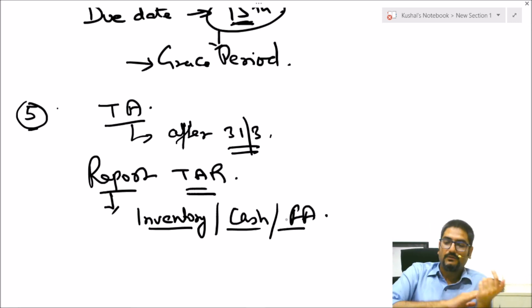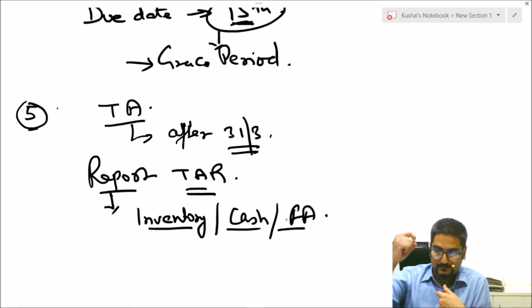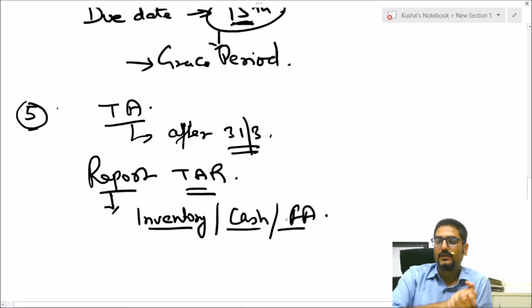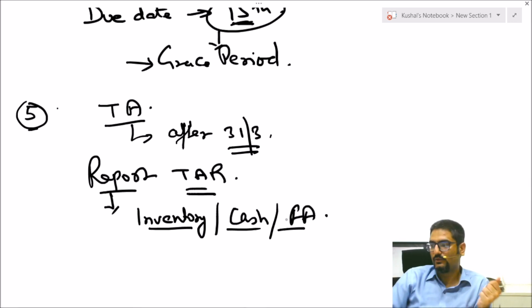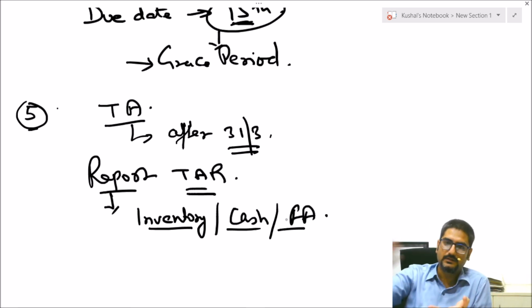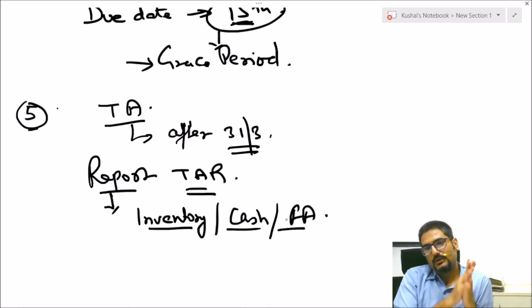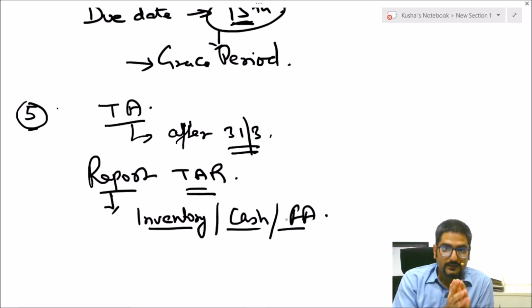So you have not physically verified inventory, cash, and fixed assets. Please clearly mention this fact in your tax audit report. Now, it depends on your professional experience, knowledge and judgment how you report the genuineness, trueness, and fairness of these inventory, cash, and fixed asset balances as mentioned in the balance sheet on 31st of March. But if you are appointed after 31st of March, then this reporting is mandatory.